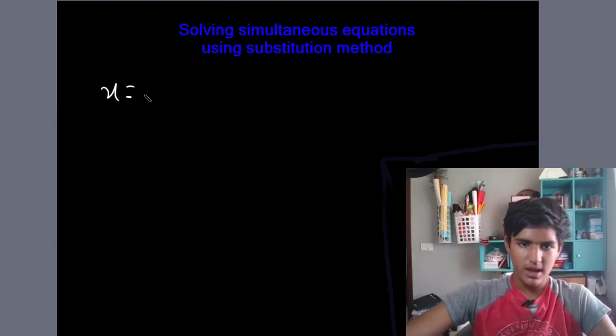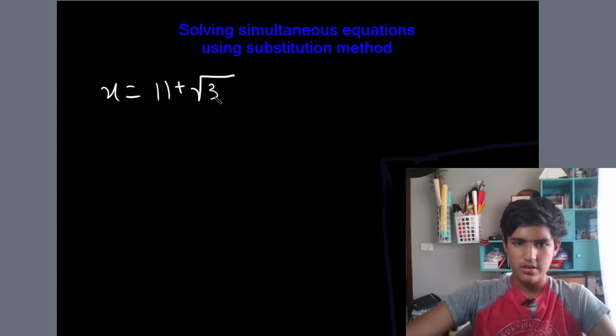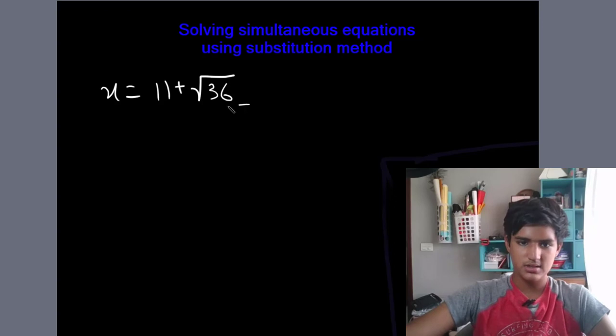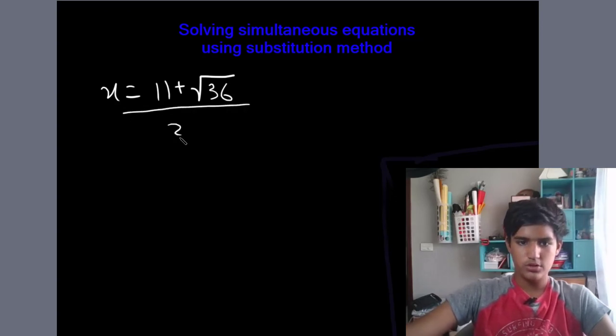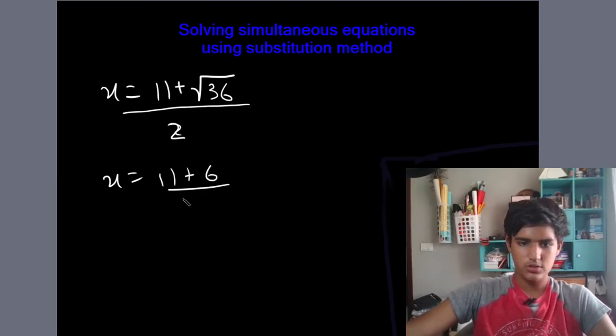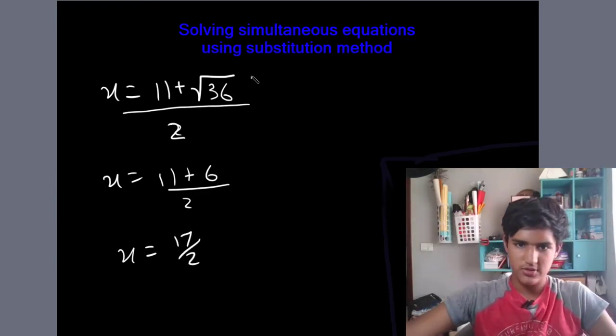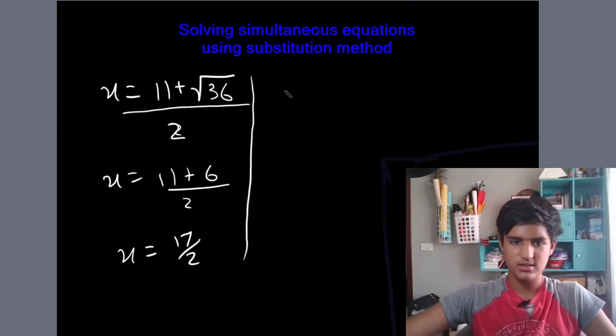So x is equal to 11 plus under root 36 upon 2. x is equal to 11 plus 6 upon 2. x is equal to 17 upon 2. That's one possible value of x.